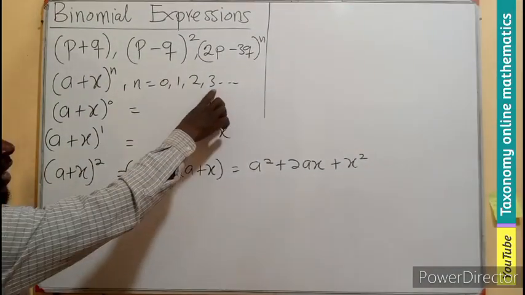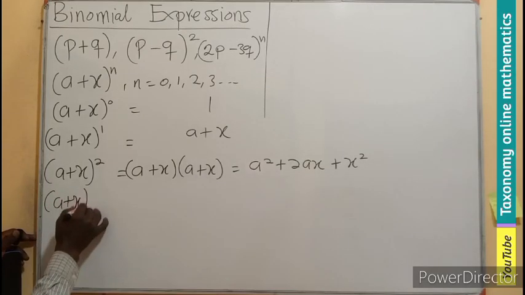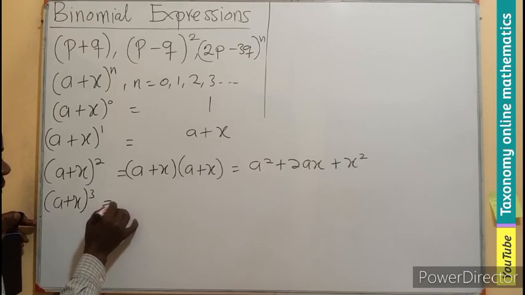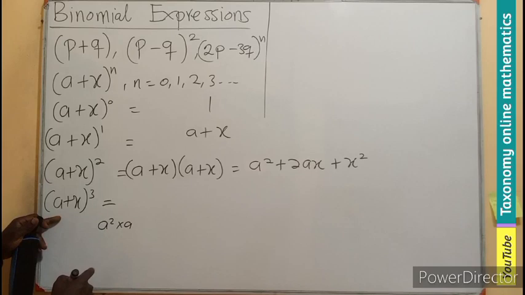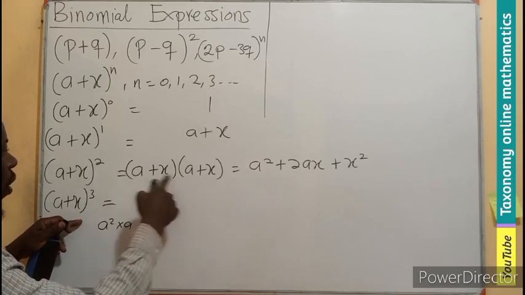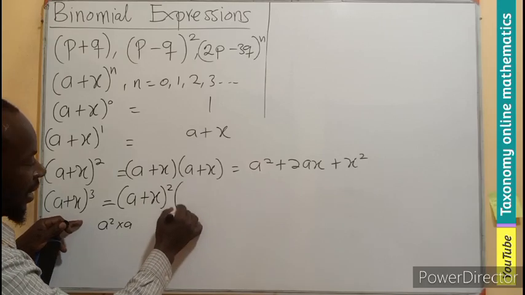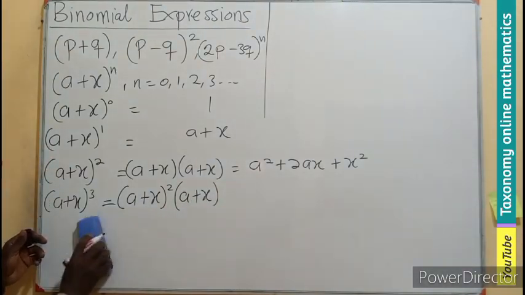So now let's take a step further by having our a plus x to the power 3. You see we are increasing the powers. So this will give rise to a squared times a gives us a to the power 3. So the whole of this is going to be a plus x squared times a plus x. That gives us the power of 3.